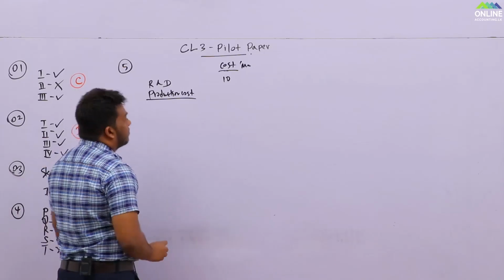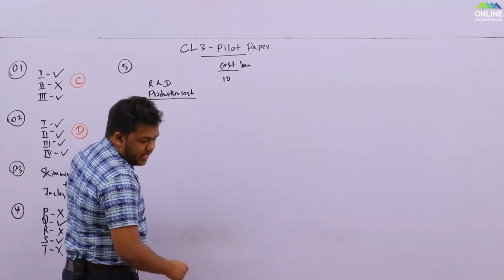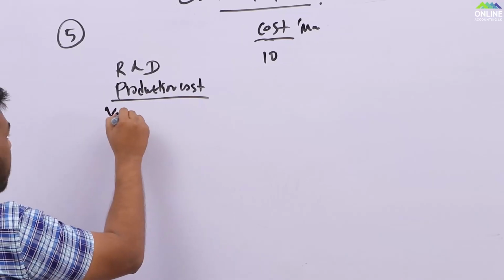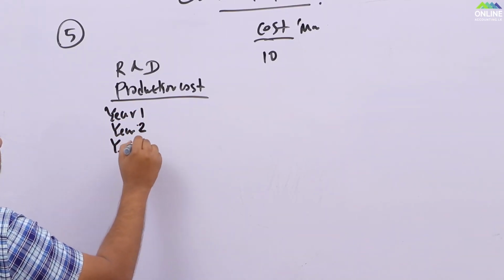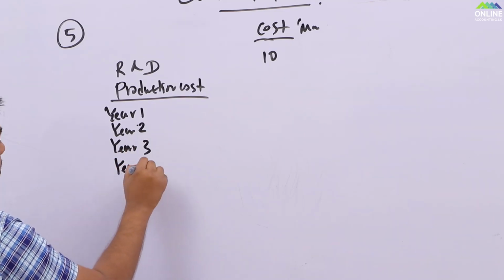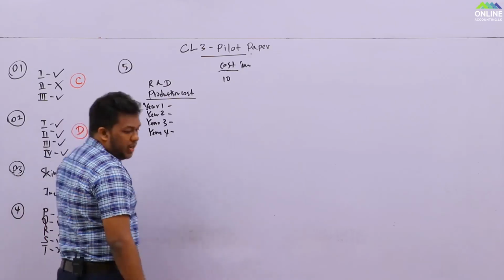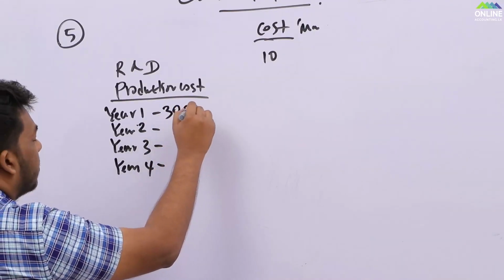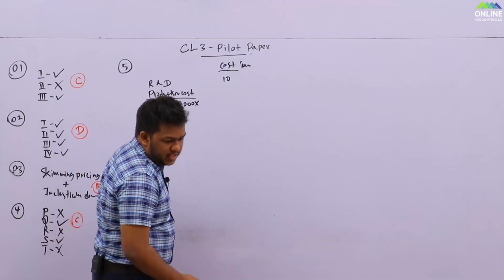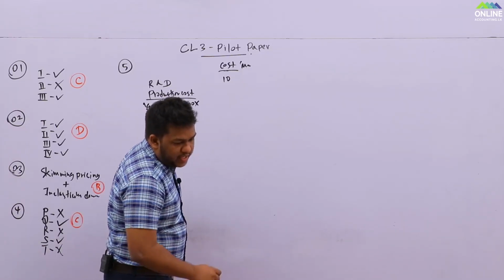How much is the production cost? They have given it year-wise. Year 1, year 2, year 3, year 4. In year 1, you have 30,000 units, and the production cost per unit is 50.